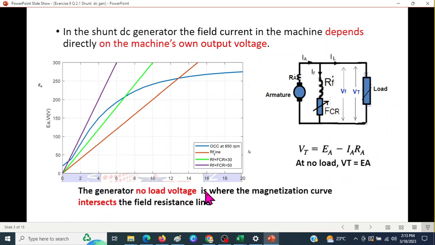The generator no load voltage is where the magnetizing curve intersects the field resistance. So we'll see how to calculate the no load voltage. But from here you can see this is the magnetizing curve, or the OCC curve, and this is the field resistance line. So wherever they intersect, that is the point from where we calculate the open circuit or the no load voltage.